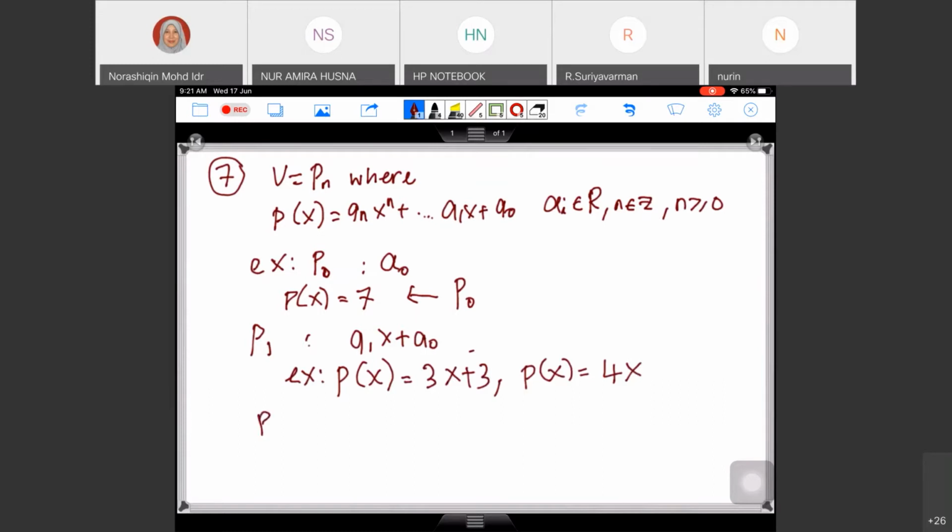P2 is a_2 x squared plus a_1 x plus a_0. So for example, 3x squared plus 4x plus 4, or 3x squared plus 3x, or 4x squared.